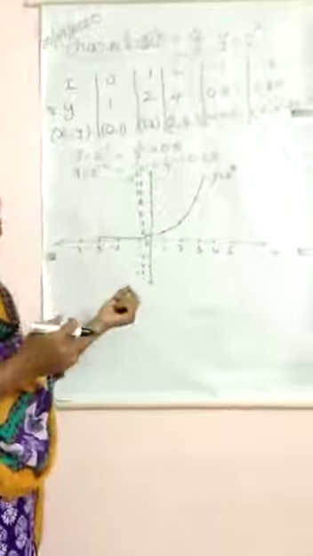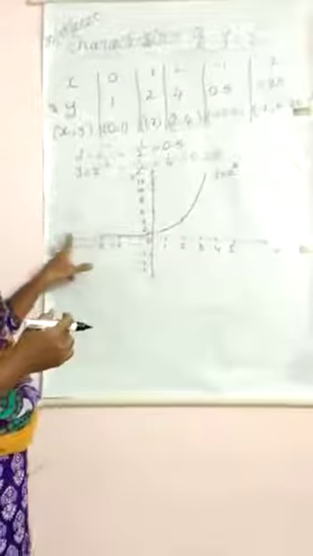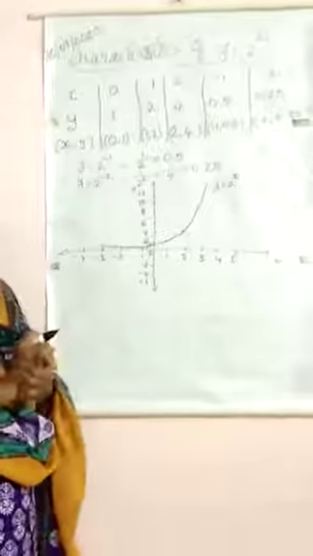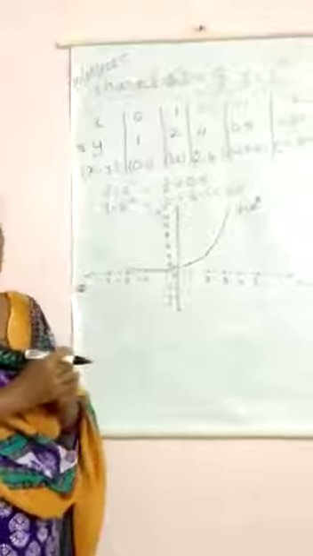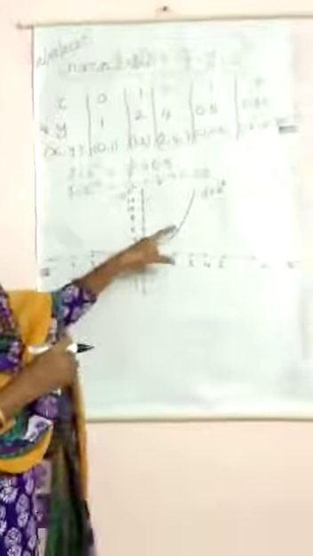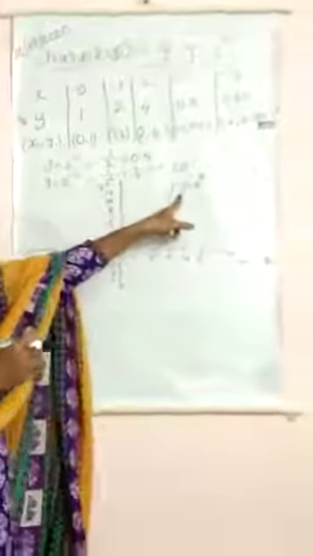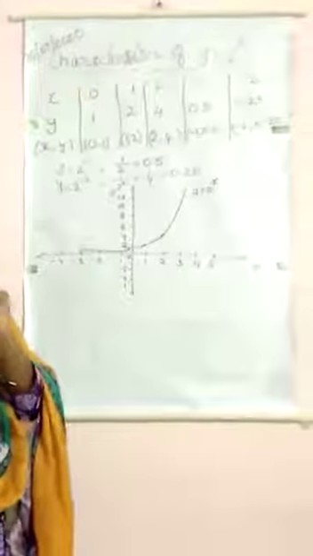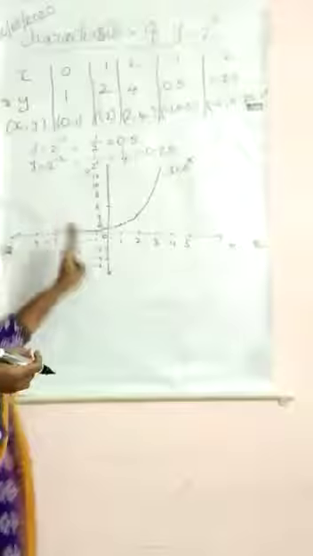The next one is that the curve does not cut the x-axis at any point. And the third characteristic is that the y value is always positive. So these are the three characteristics of this graph.